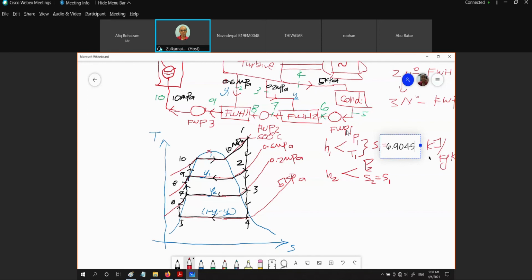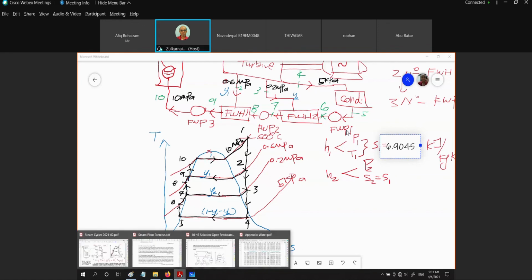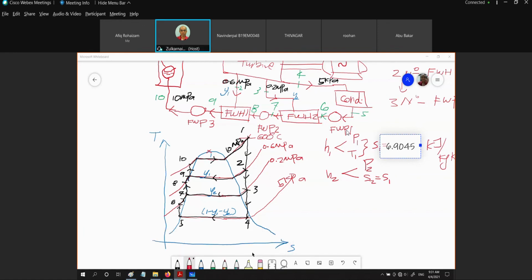Okay, now determine the state of 2. At 0.6 megapascal, how much is the SG?